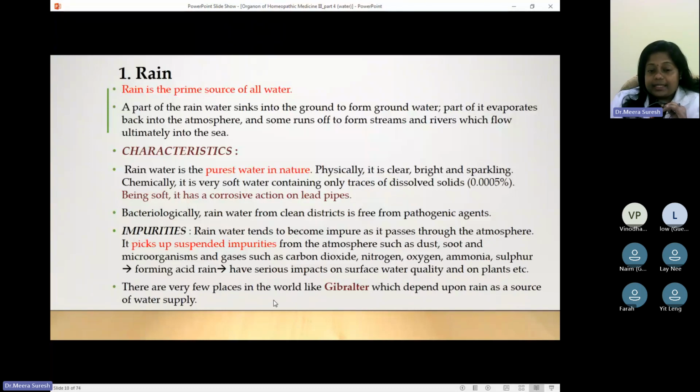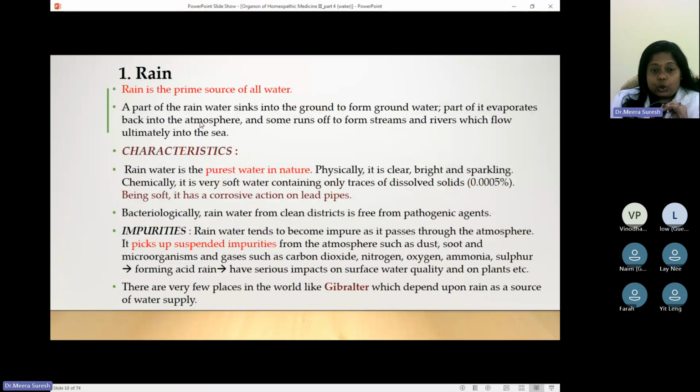There are very few places in the world, like Gibraltar, which depend upon rain as a source of water supply. You can expect an MCQ. Gibraltar is a country in which the source of water supply is purely rain.